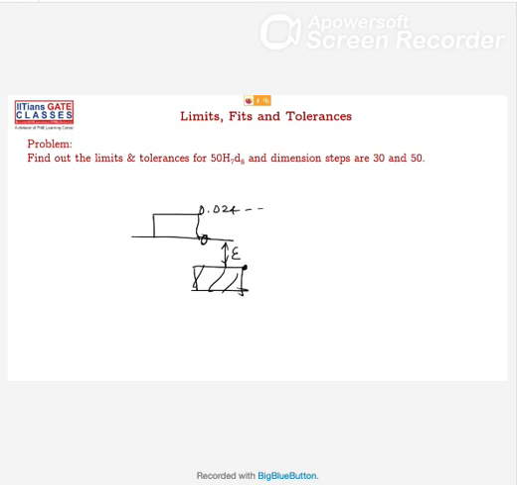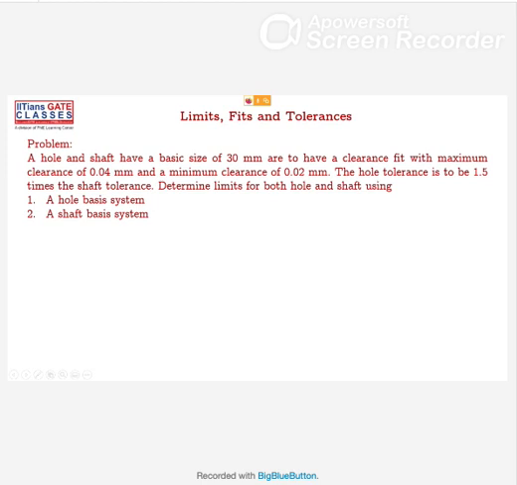Then it becomes the shaft, and you add the basic tolerance you got for the shaft. Anyway, I'll tell you the dimension steps, but in the meanwhile you solve this problem. As I deleted all this, I'm not happy with it. Please try to solve this problem, then we can discuss the dimensions of steps.